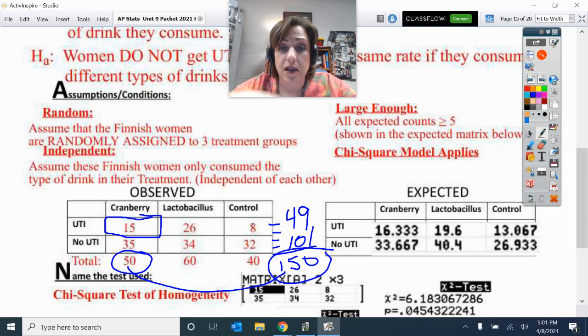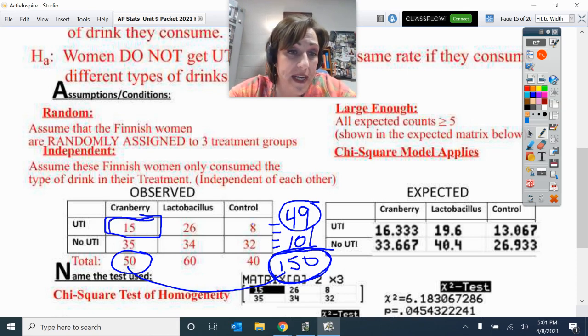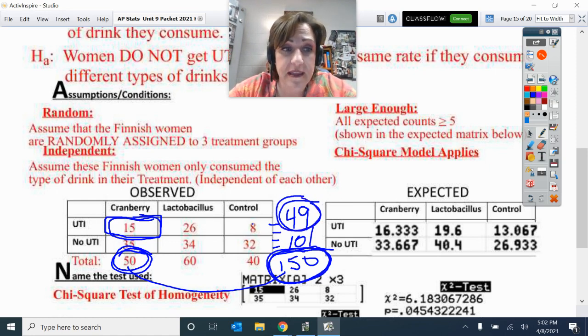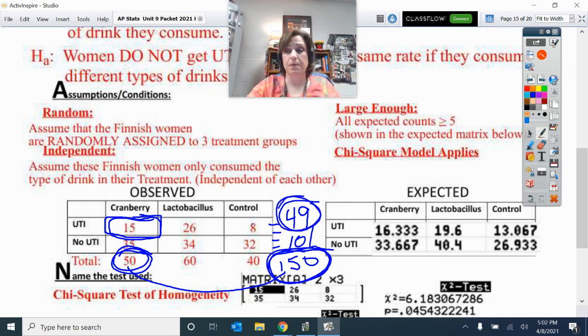And then of those, here is the UTI rate, 49 out of the 150. To get what was expected right here, we apply this rate in terms of this amount of UTIs.